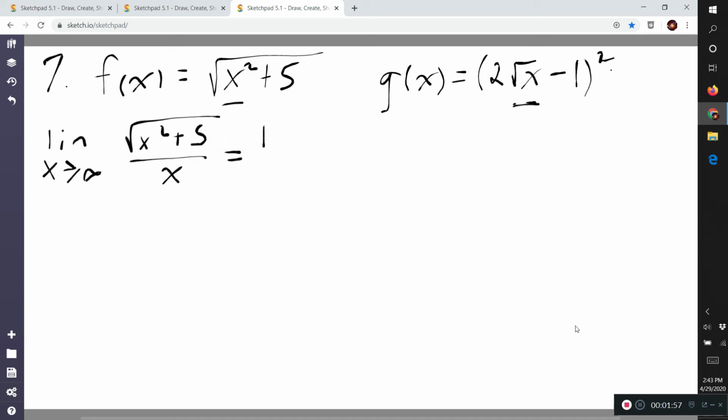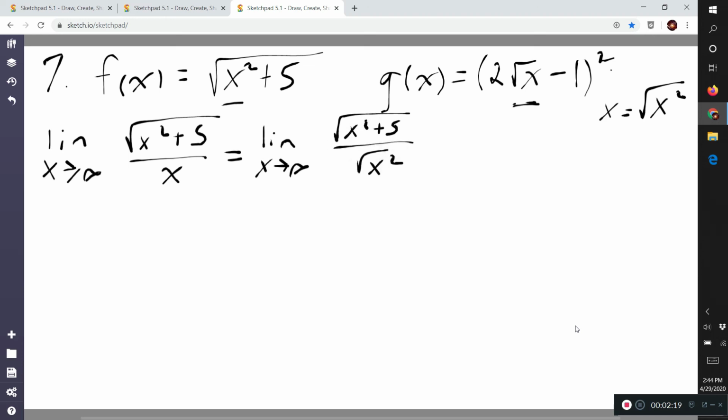So what we're going to do is change x into an equivalent form. We're going to make x into the square root of x squared. x can be equal to the square root of x squared, because if you simplify square root of x squared, it's just x. So I'm going to replace x on the bottom of my limit ratio with that. Now that I have a square root in top and bottom, I can combine them into one square root of x squared plus 5 over x squared.